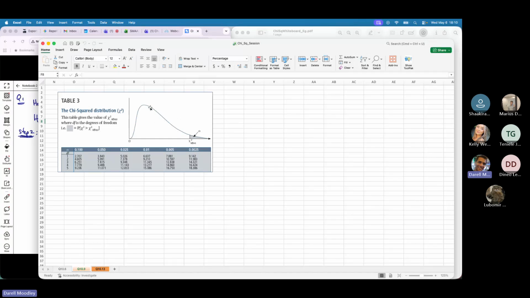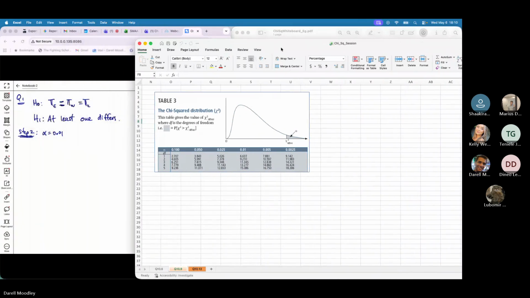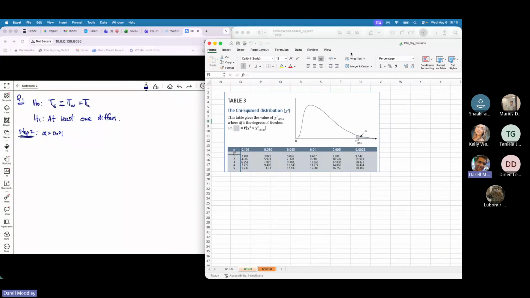So I'm going to sketch this exact same curve here. It doesn't have to be accurate. It's skewed, which means it drags out on the right. It's not a bell-shaped curve. And for the chi-square test, your rejection region will always be on the right.